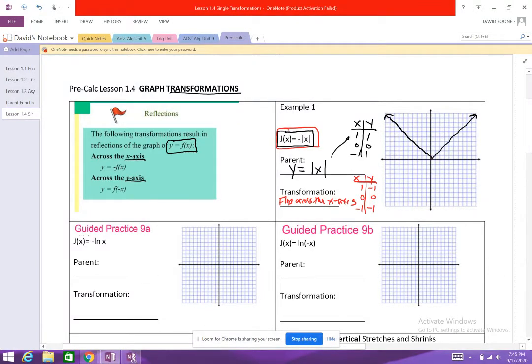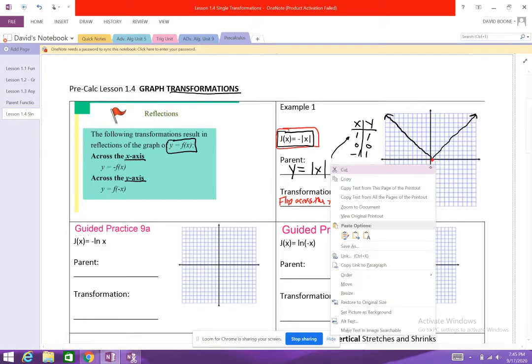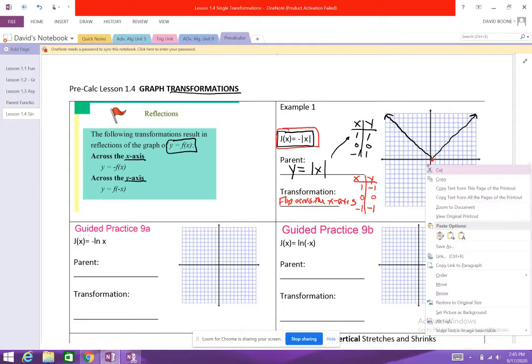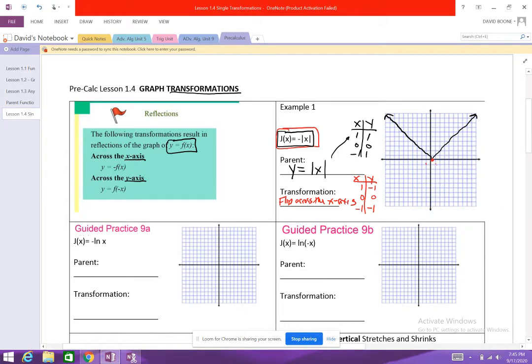So if I plot those points there, I got 0, 0, I have 1, negative 1, and I got negative 1, negative 1. If I were to choose more points, I could see that as well, and that it in fact does just flip it across the x-axis.